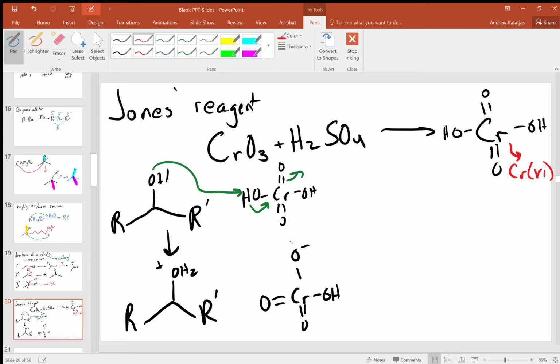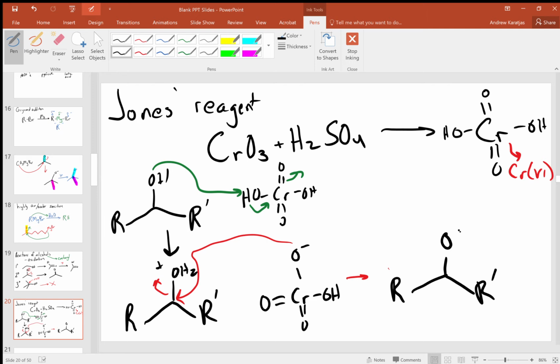And so from here, this O minus adds in and kicks out water. So we've now replaced the OH group with this chromium species.